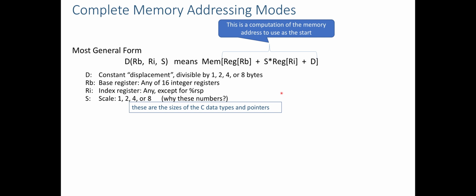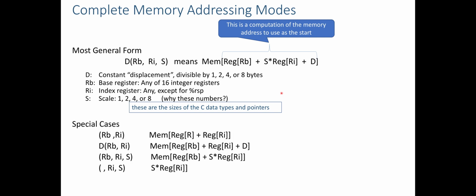Okay, so there are some interesting special cases. We might not always have all 4 of these: D, RB, RI, and S. And here are some examples of these special cases.